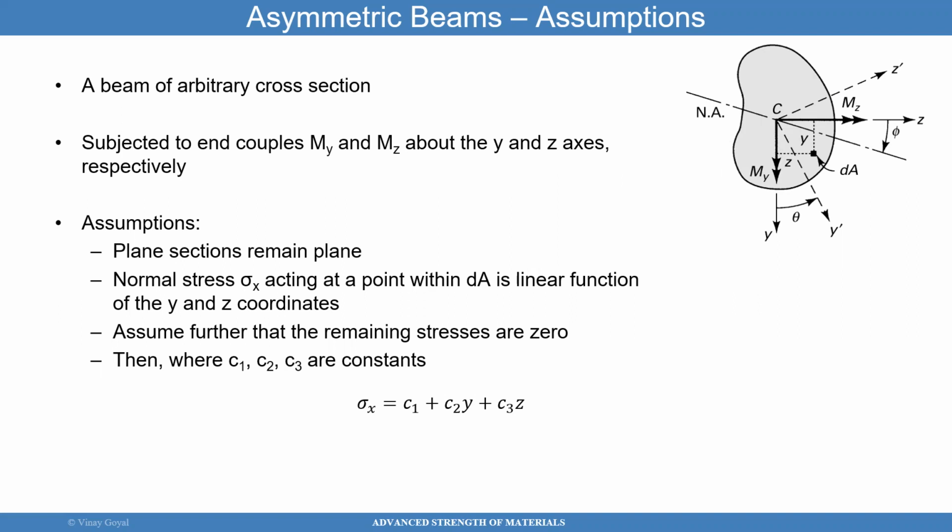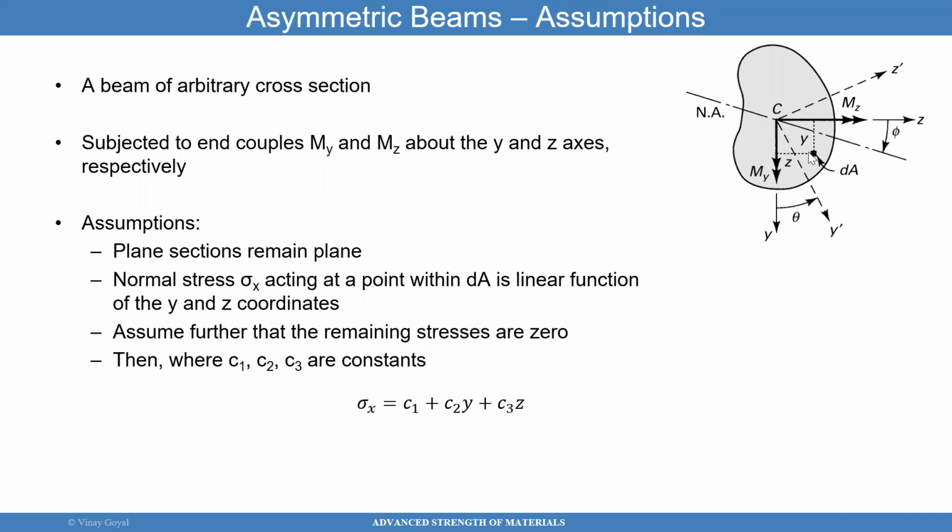What we want to do is assume the same assumptions as for Euler-Bernoulli beam, where the plane section remains planar, but also the cross section remains perpendicular to the neutral axis that traverses C. We're also going to assume that there's a normal stress sigma XX acting normal out of this plane at a point dA.